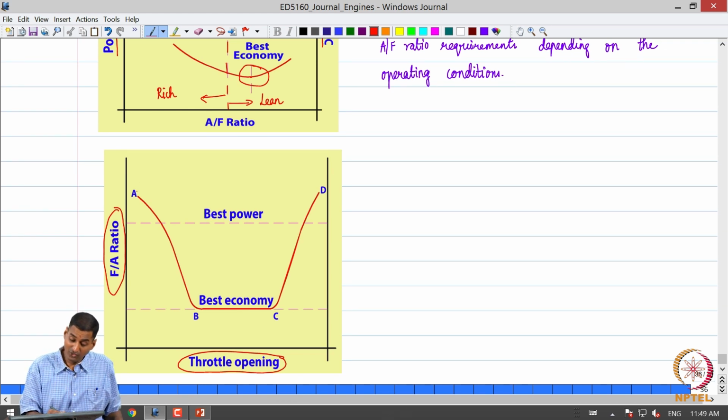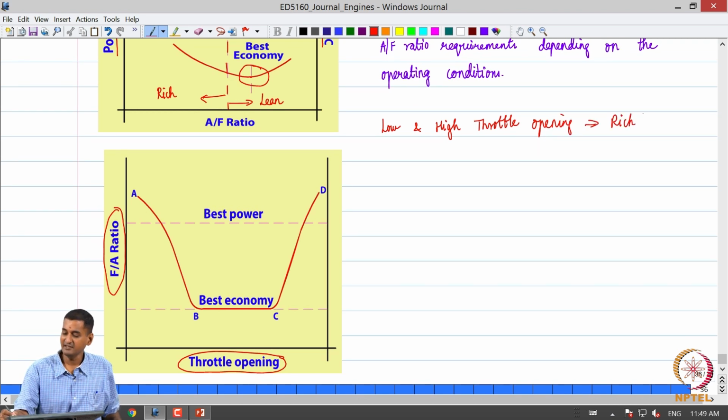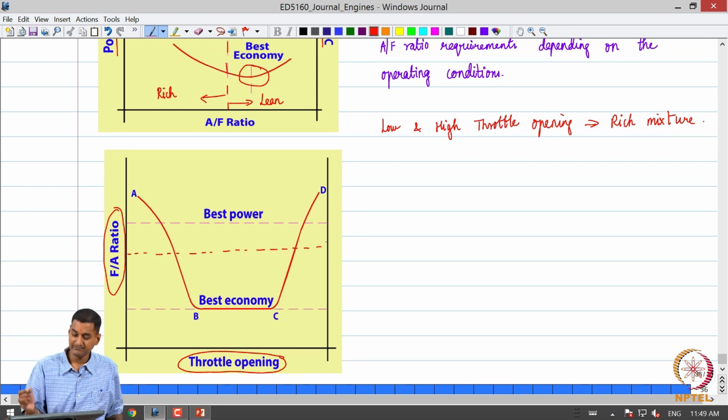At low throttle opening and at high throttle opening, we can immediately see that we require a rich mixture. Let us say the stoichiometric mixture is somewhere here.